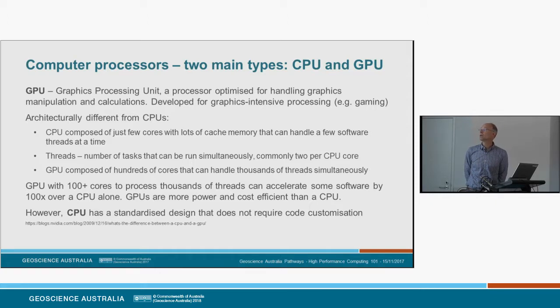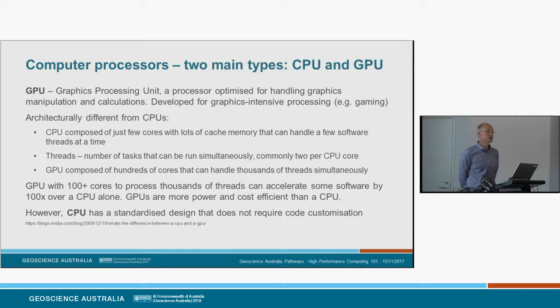And it can only handle a relatively few number of threads at a time. In this context, when we talk about threads, this is the number of tasks that can be run simultaneously, right? So if there's 2 per CPU core, if you've got a quad core, you multiply that by 2, you get 8 threads, 8 things you can do at one time.